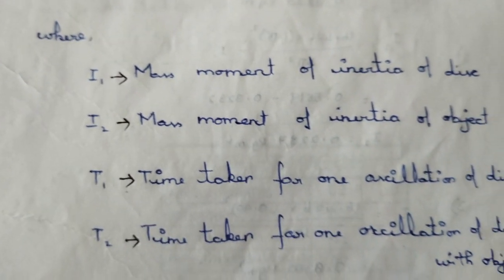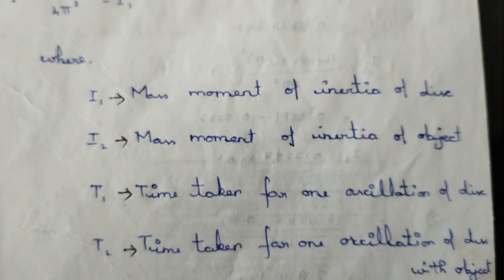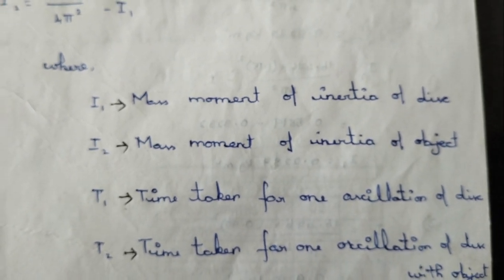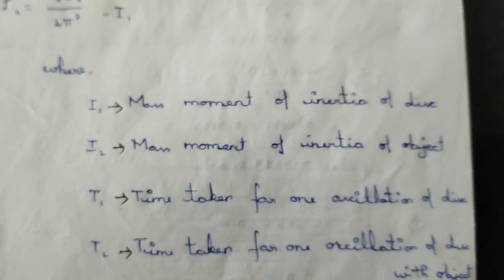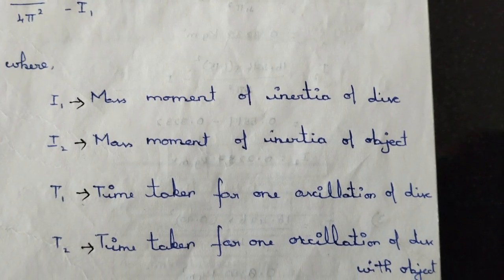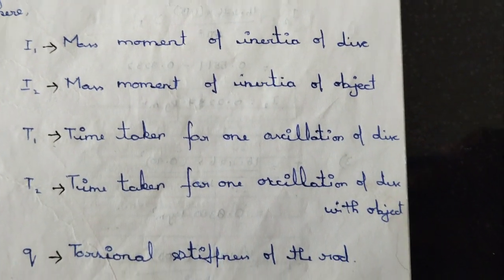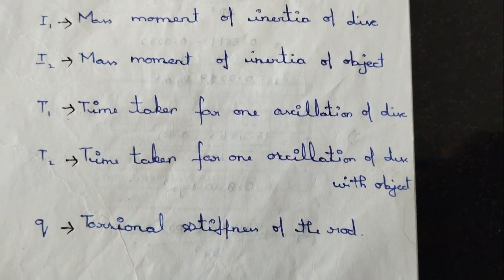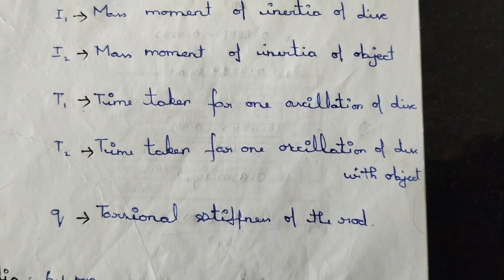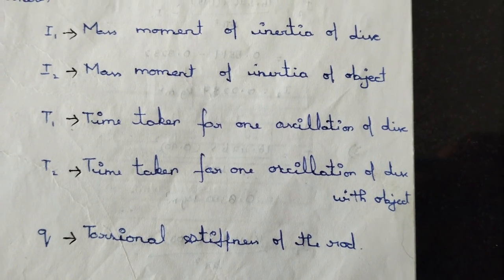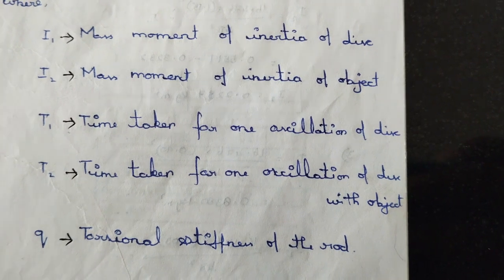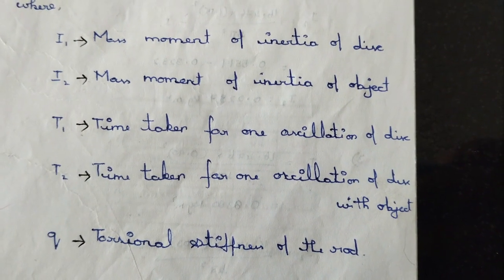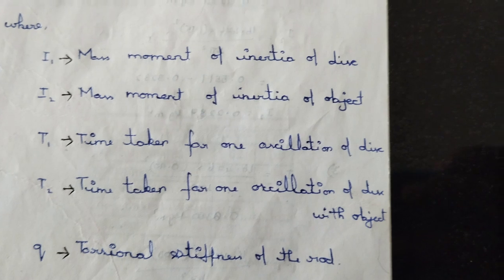I1 means mass moment of inertia of disc. I2 means mass moment of inertia of object. T1 is time taken for one oscillation of disc. T2 means time taken for one oscillation of disc with object. Q means torsional stiffness of the rod.